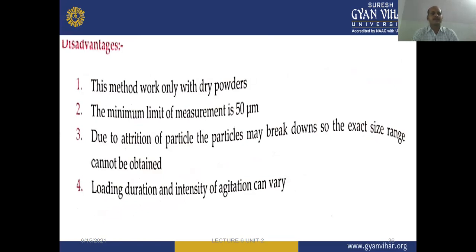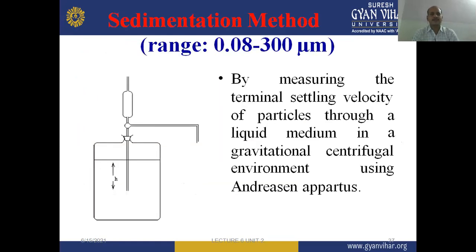The minimum limit of measurement is 50 micrometer, and due to the attrition of the particles, they may break down, so the exact size range cannot be obtained. And loading duration and intensity of agitation can also vary the results. So these are the different advantages and disadvantages of the sieving method.